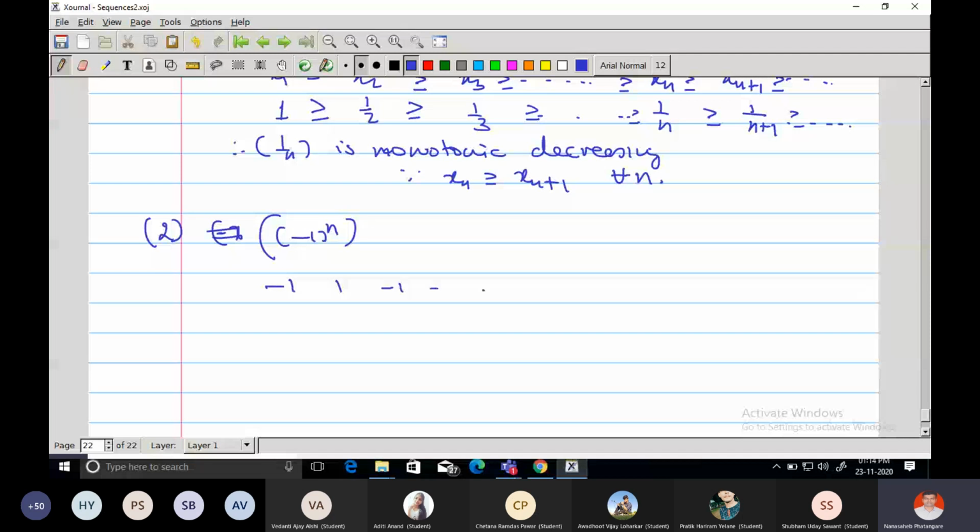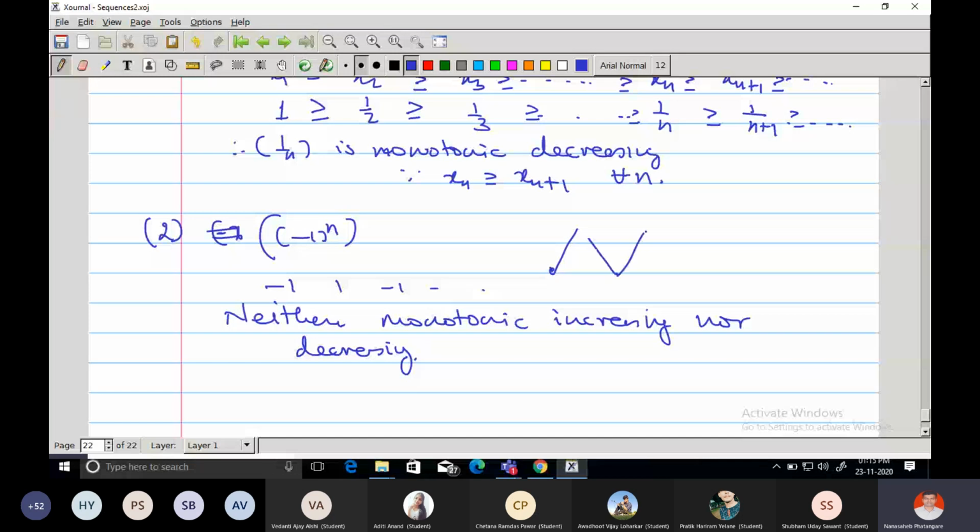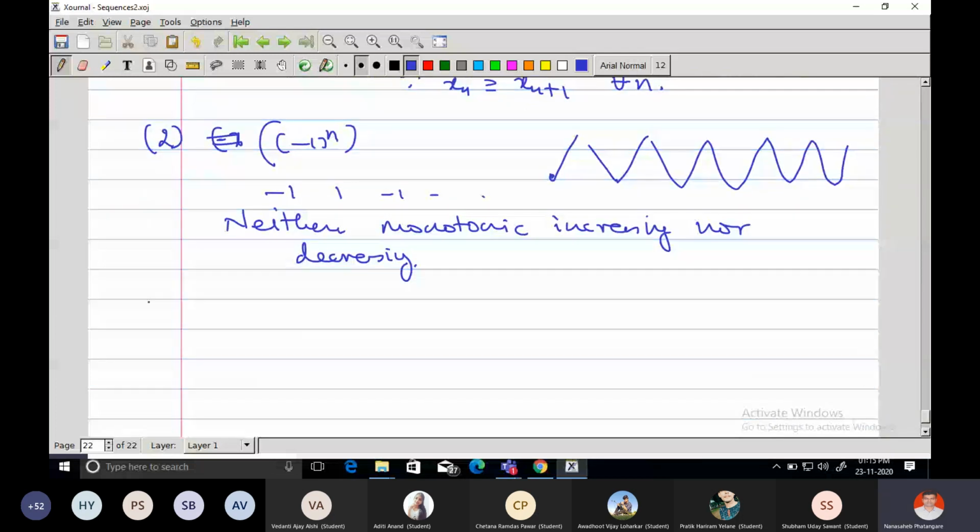So therefore it is neither monotonic increasing nor decreasing. Right, so this sequence is neither increasing because minus 1, then 1. So 1 is larger, then again minus 1, again 1. So it is kind of oscillating. Right, so this is going up, going down again. Right.